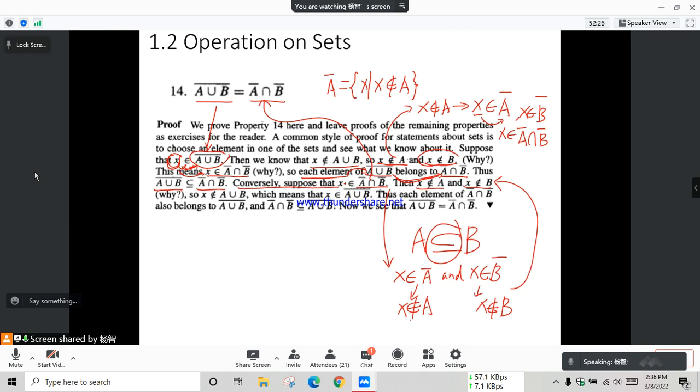So if x does not belong to A and x does not belong to B, so x does not belong to the A union B. And if x does not belong to the A union B, it means x belongs to the complement of A union B. Is that right?